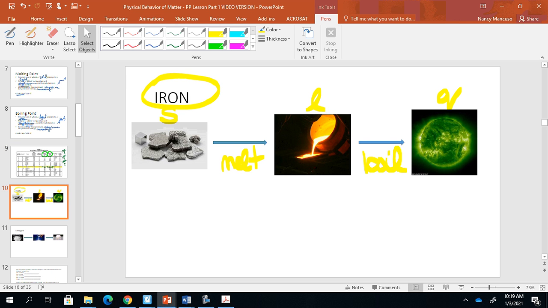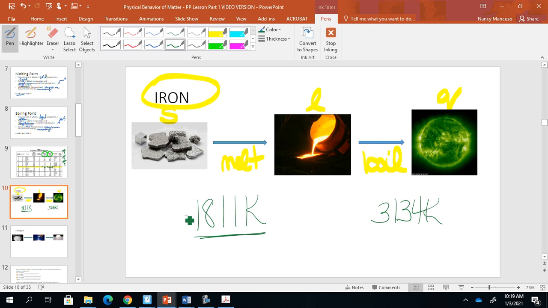Iron is element 26. So element 26 melts at 1811K. And it boils at 3134K. So if I have a temperature lower than 1811K, it's going to be a solid.